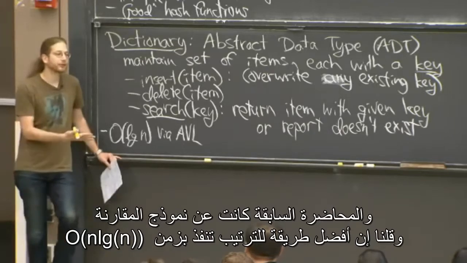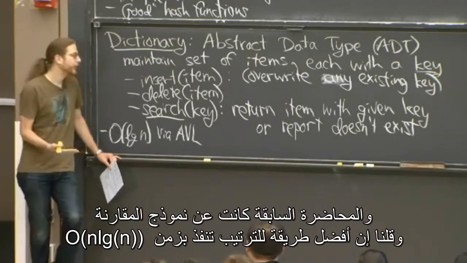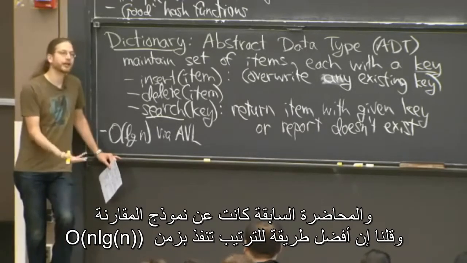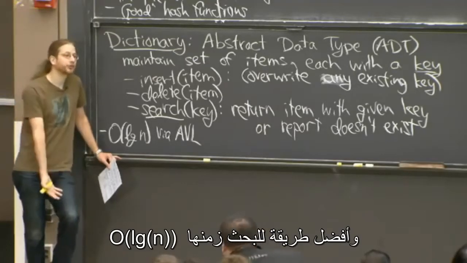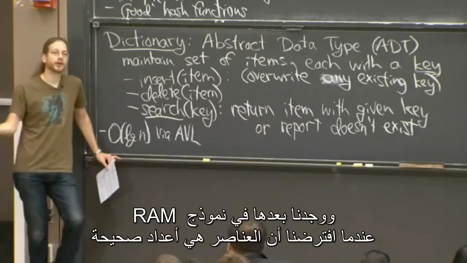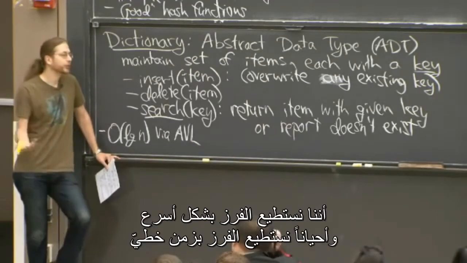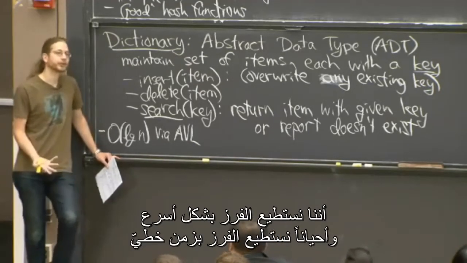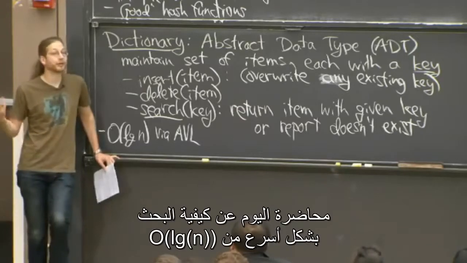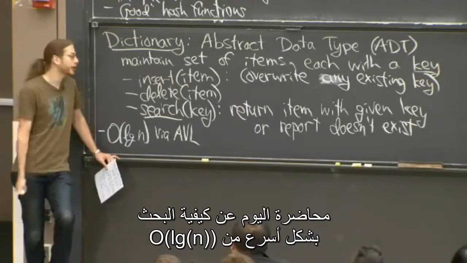And while last class was about, well, in the comparison model, the best way to sort is n log n, and the best way to search is log n, then we saw in the RAM model, where if you assume your items are integers, we can sort faster. Sometimes we can sort in linear time. Today's lecture is about how to search faster than log n time.